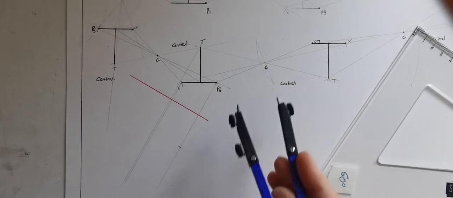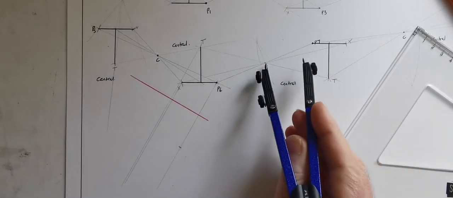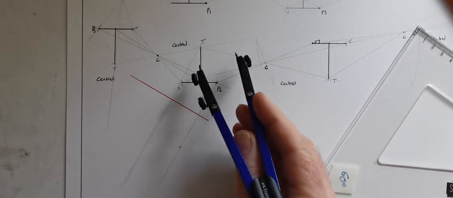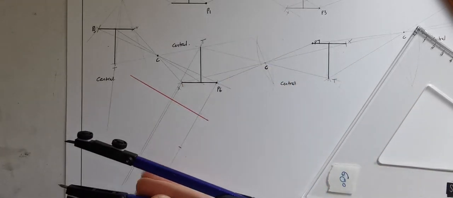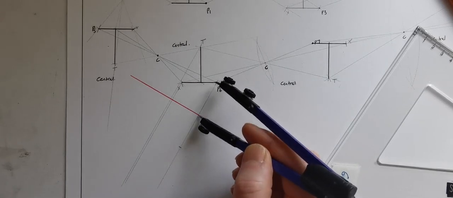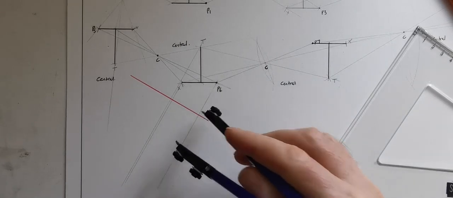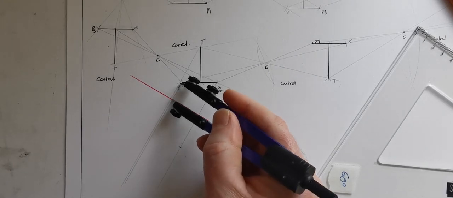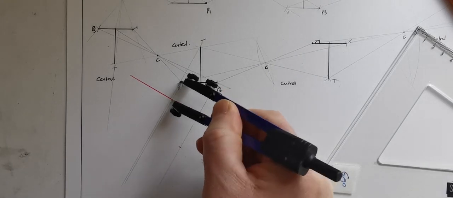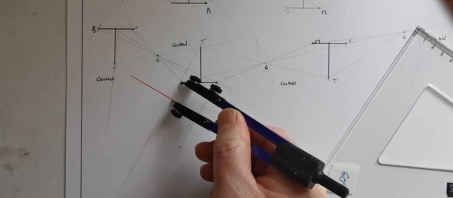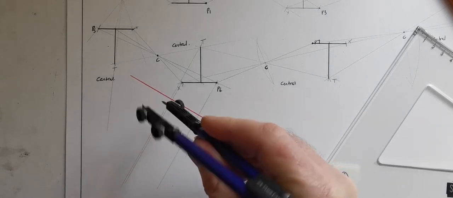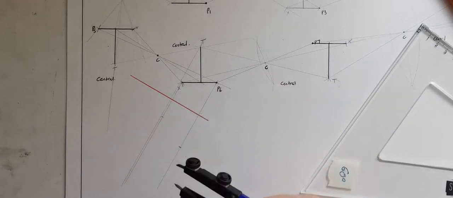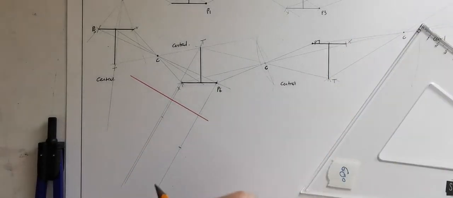So it's similar to central symmetry, but in central it's going through a point, whereas in axial it's flipping across a line. So it's similar but a bit different at the same time. So X is that far above the line at one side, so X goes this far at the other side of the axis.